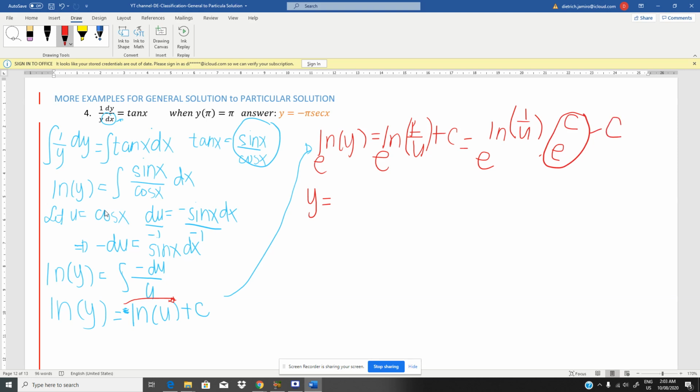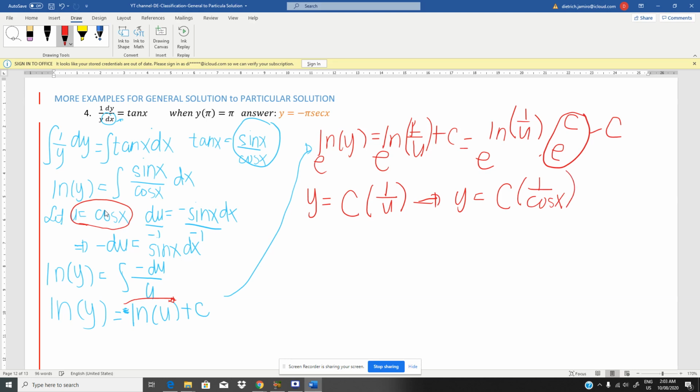So now we will have c multiplied by 1 over u. Now our u is equivalent to cosine of x, so I will just substitute it. Our equation will become y is equal to c times 1 over cosine x.